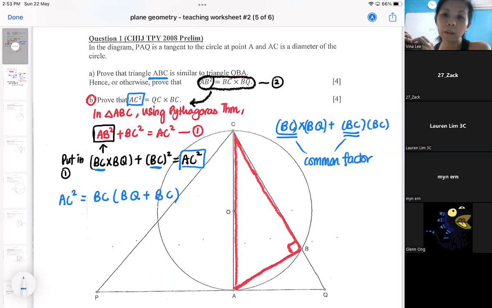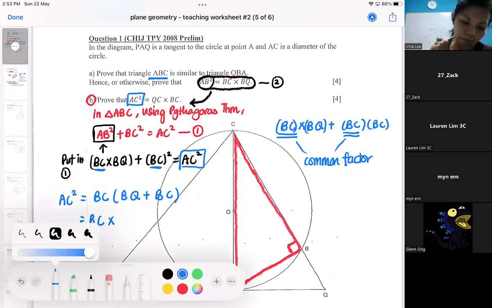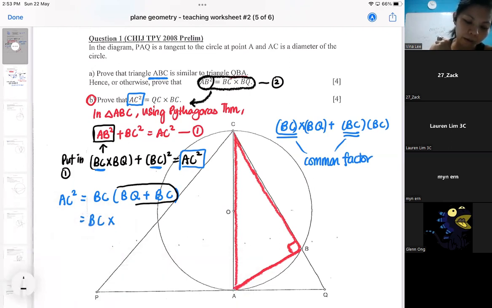So remember your basics, take out the common factor. So I take out BC as a common factor. And this, refer to your diagram.